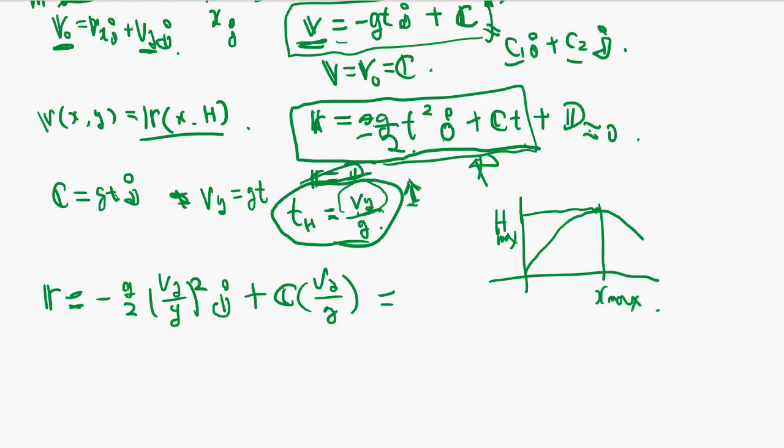So this is going to be x max i plus h max j. So you equate this one, and c is vxi plus vyj. So how do you calculate this?